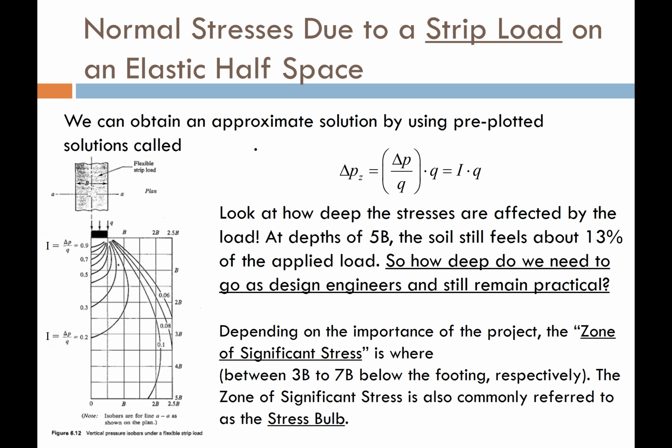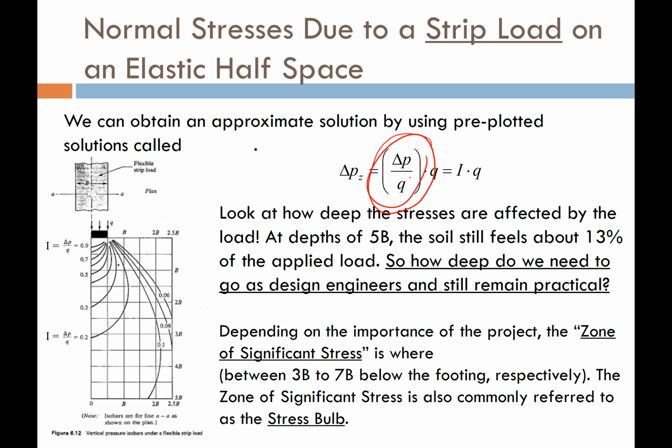Now, that solution that I showed you is really, really nasty. And it's not very fun to calculate in your calculator, especially on one of my exams. And so a really smart engineer said, you know what, why don't we just pre-solve those solutions and plot them graphically using a term where we make a ratio, or a normalized induced stress.